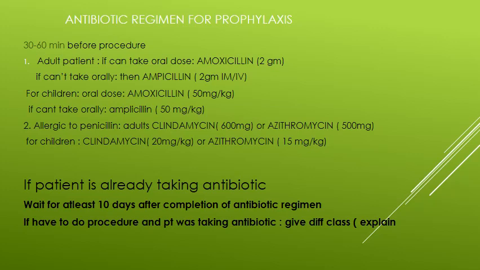So the patient should be given an antibiotic from a different class rather than increasing the dose. You have to give a different class, you should not increase the dose of the same antibiotic, but give a different class.